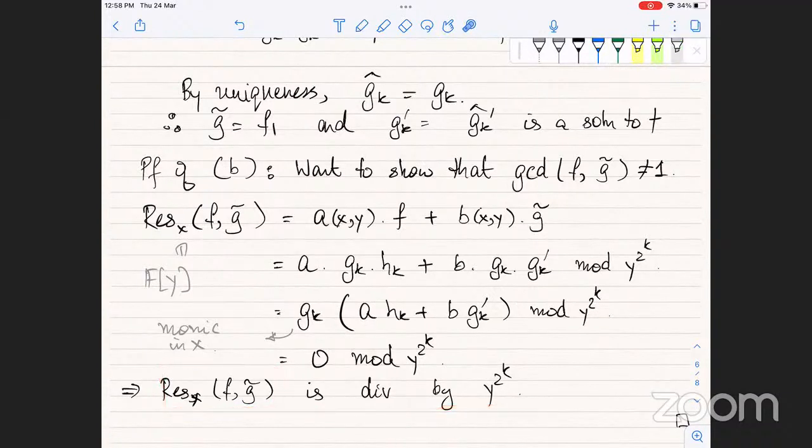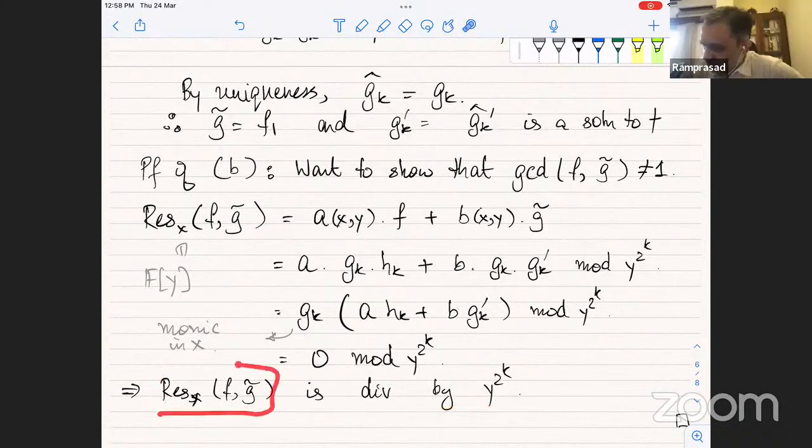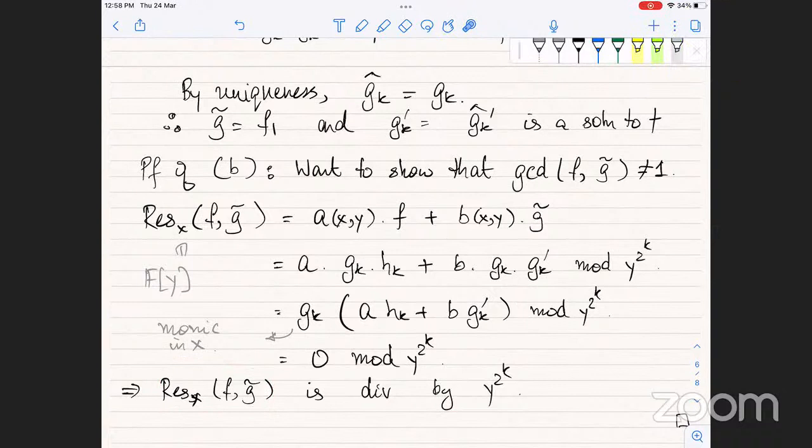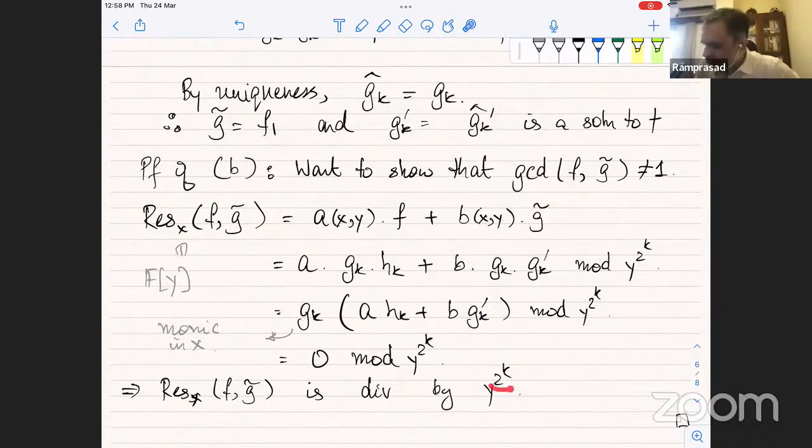That's the degree. So what is the degree of this? At most 2d squared. So I just need to make sure that 2^k is bigger than 2d squared. Once 2^k is bigger than 2d squared, saying the resultant is divisible by y^(2^k) automatically implies the polynomial must be zero to begin with. Otherwise, how can y^(2^k) divide something whose degree is smaller than that?